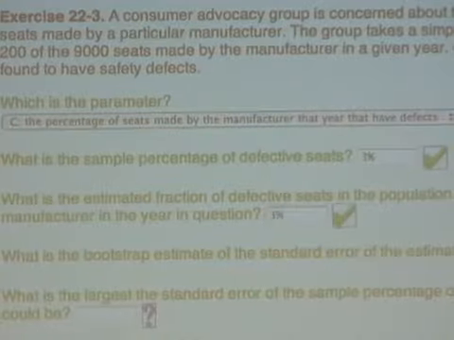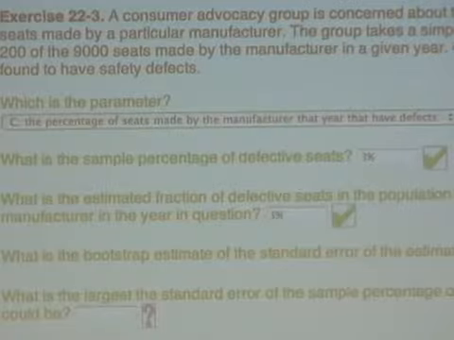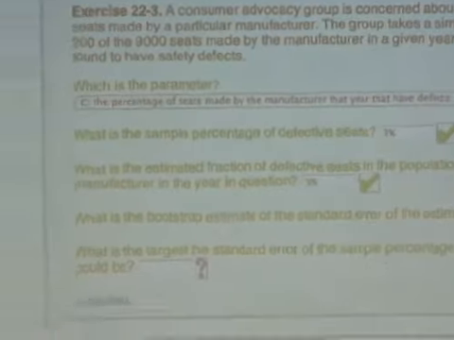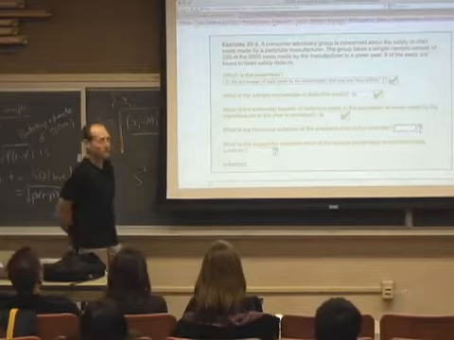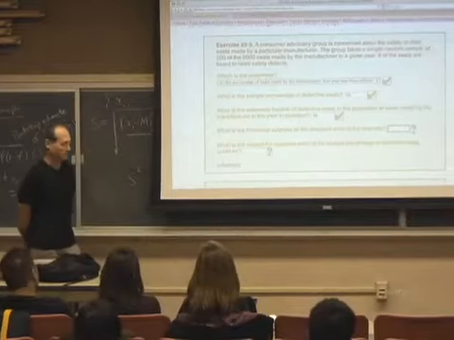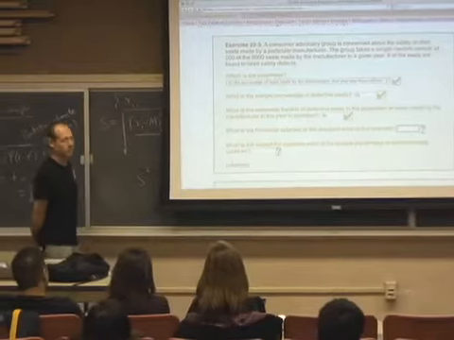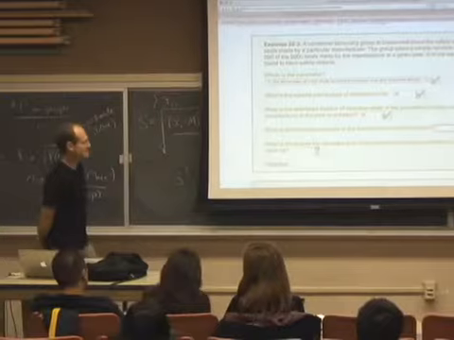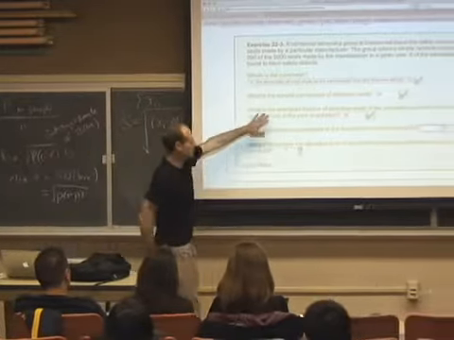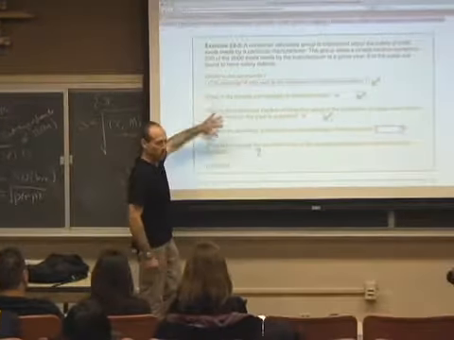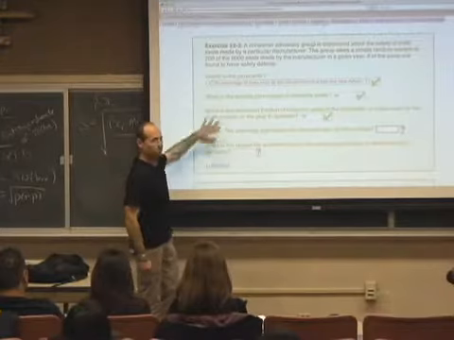Is that always, so we can always do that, say that the estimated fraction. That's kind of why we're calculating the sample percentage. We're calculating it to estimate the population percentage. And that's our best guess based on the sample. When can we not make that assumption? Well, if you were trying to estimate something other than a population percentage, you might not use the sample percentage to estimate it.